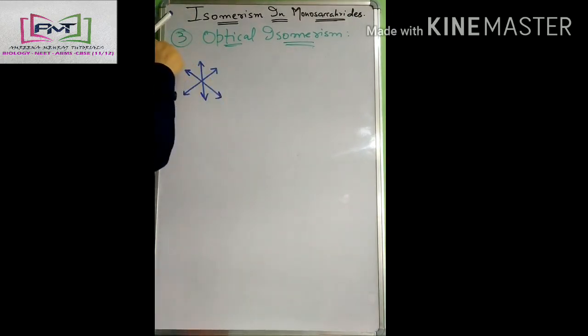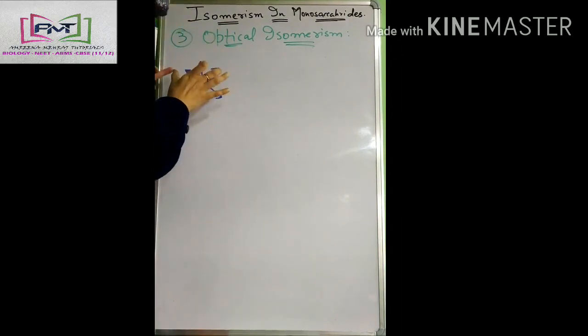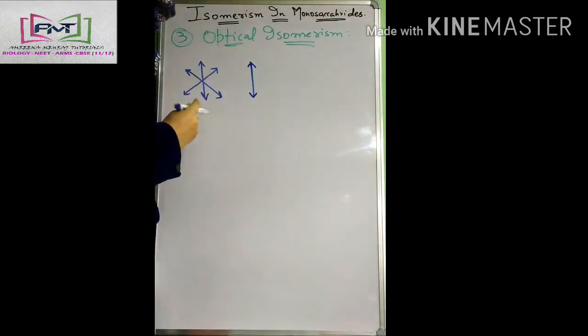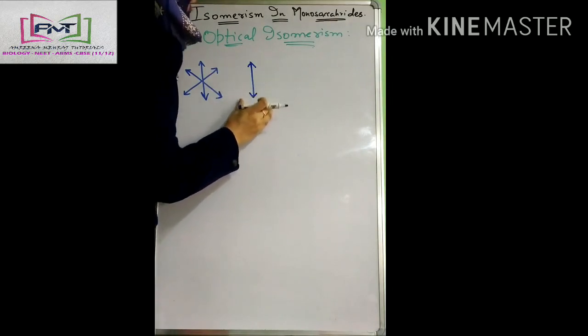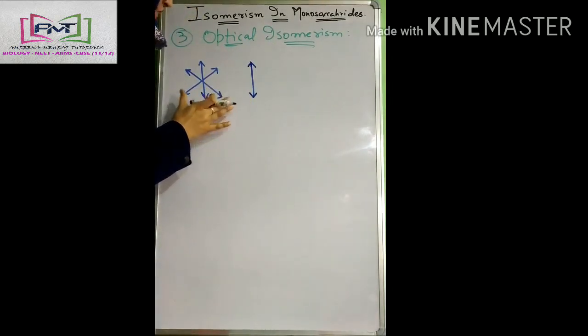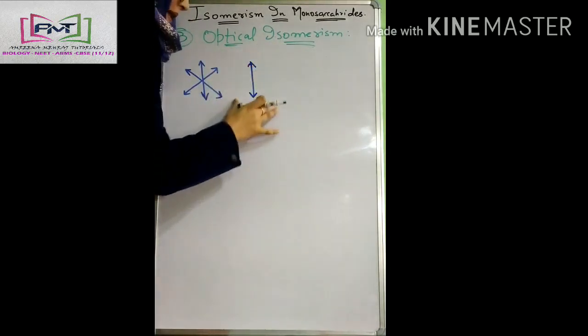It is traveling in multiple planes. Now, if you convert this light into something like this, then this light travels in just one plane. Here this light was traveling in multiple planes. Here it is traveling in one plane.